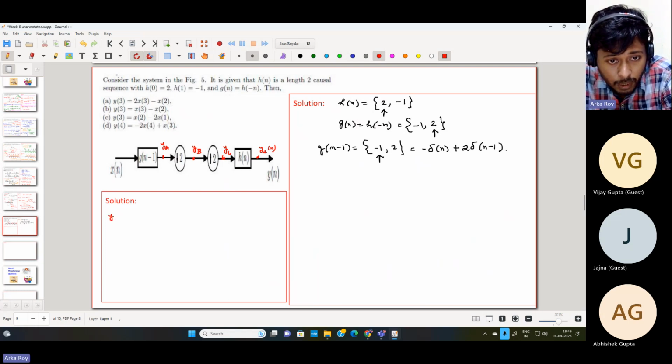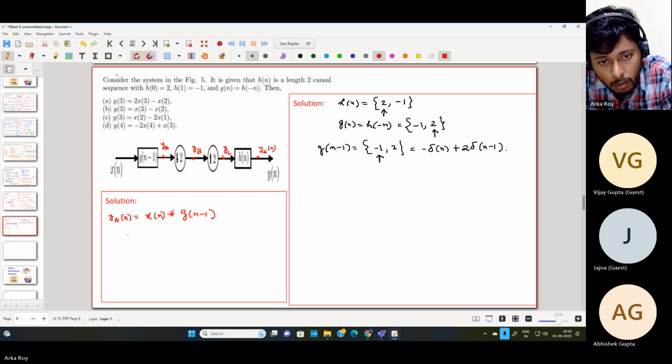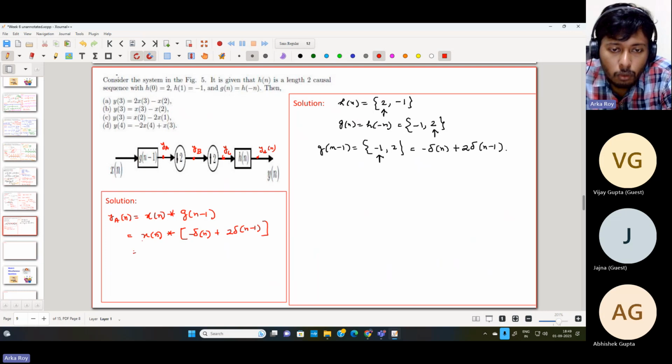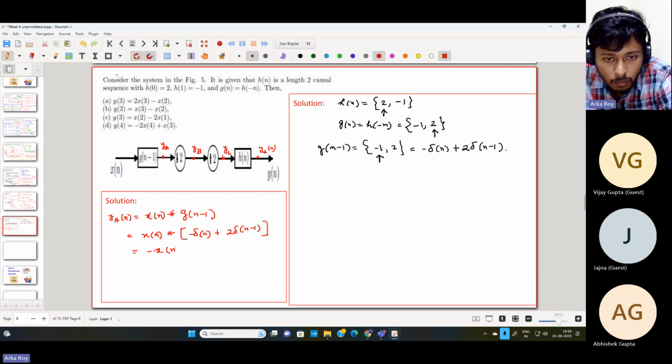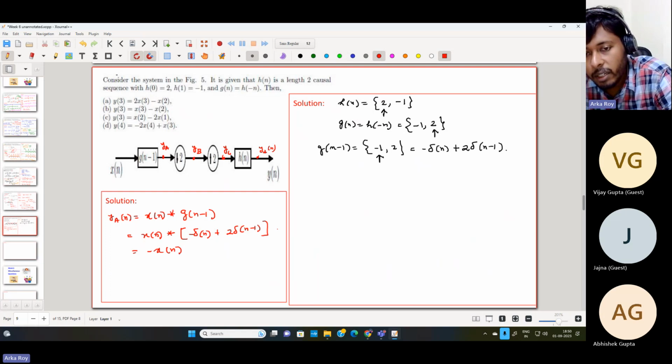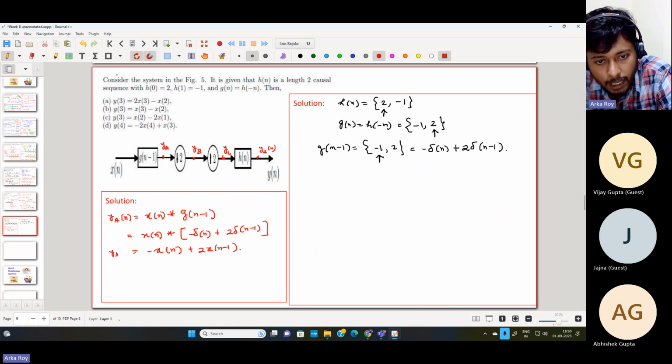So ya[n] is a convolution between x[n] and g[n-1], so x[n] convolved with -delta[n] + 2 delta[n-1]. If we convolve any signal with delta[n], we get the same signal, so -x[n]. And if we convolve the signal with a shifted delta, we get the shifted signal, so plus 2 x[n-1]. So this is what ya[n] looks like.